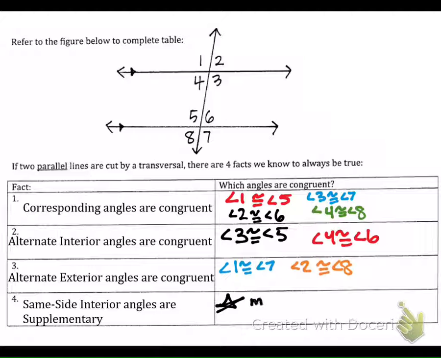So I'm just going to say that the measure of angle 4 plus the measure of angle 5 equals what? 180. Good. So they're not congruent, but they still have a special relationship. All right, so is the other one. So the measure of angle 3 plus the measure of angle 6 is also going to equal 180.